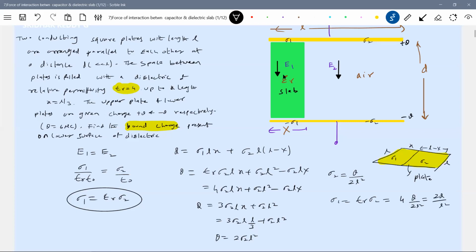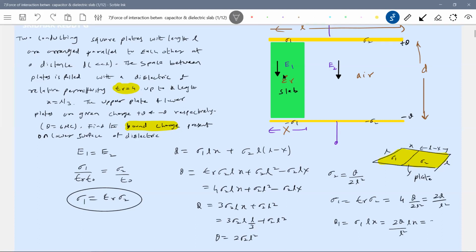So what are the charge densities? So now how much charge will we find out? We are interested in the charge present here. So this will become Q1 equal to sigma 1 into L X, the charge present in this region. What is sigma 1? 2Q by L square into L X. X equal to L by 3.